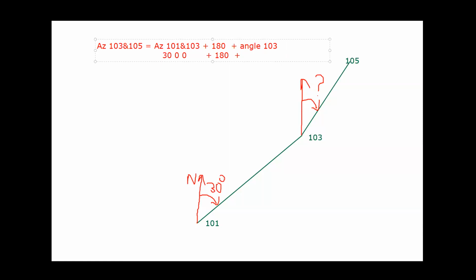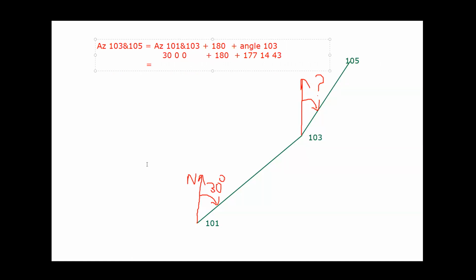And that adjusted angle, I'm just pulling it out of the spreadsheet, is 103. So that's 177, 14, 53 degrees, minutes, seconds. And then you do the math here.